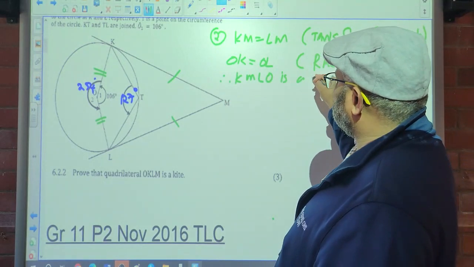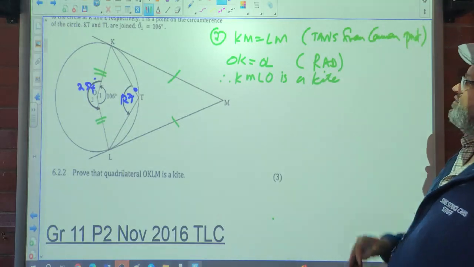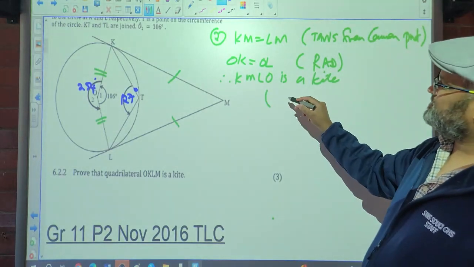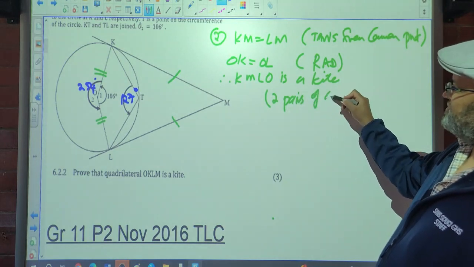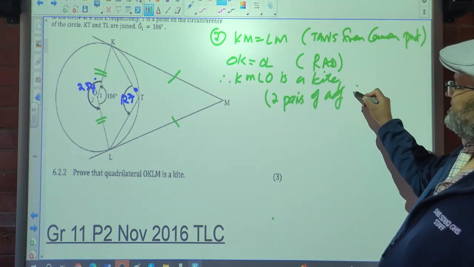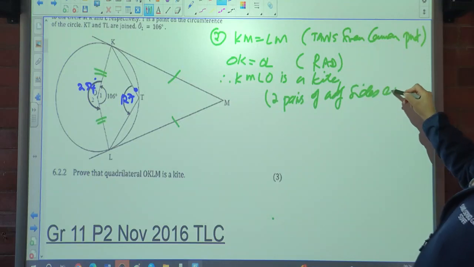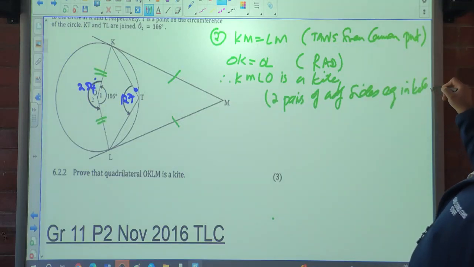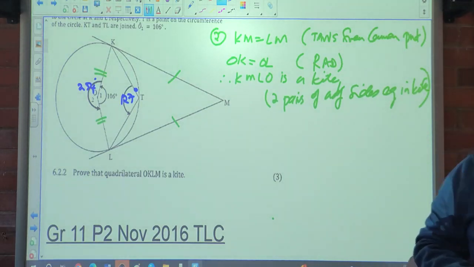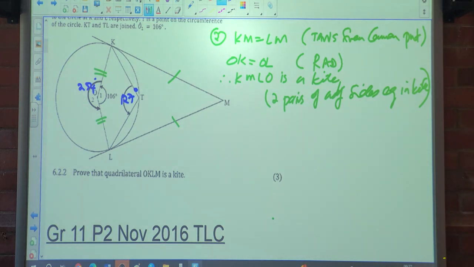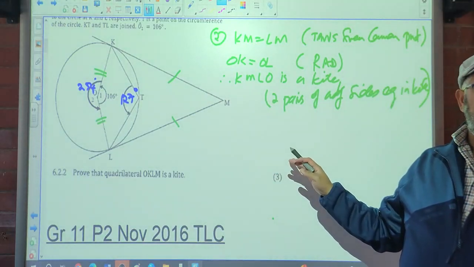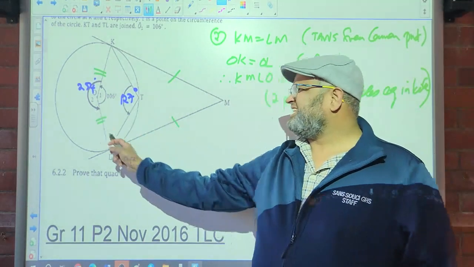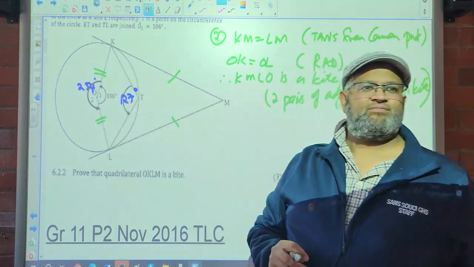So now we say, since this is the case, therefore KMLO is a kite. Why? Because two pairs of adjacent sides are equal in a kite. Okay. So now with that, all those properties that we drew here are now evident in this diagram.